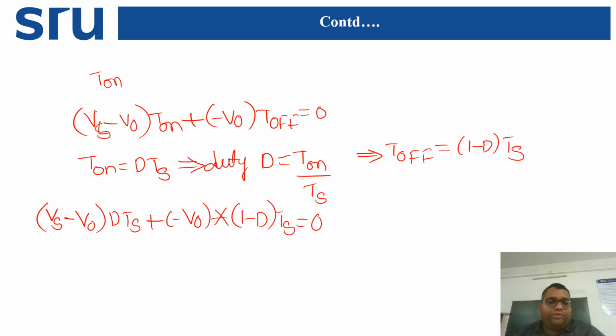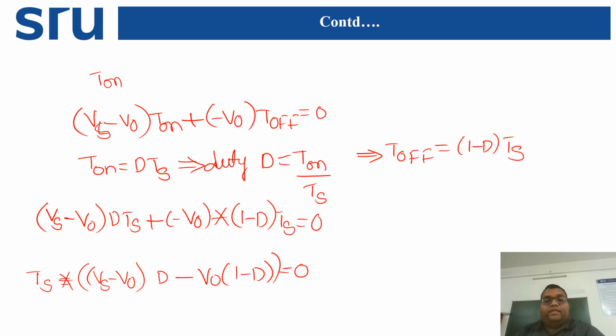Now, Ts will be the common, so we take Ts as a common factor. Then Vs minus V naught times D minus V naught times 1 minus D is equal to 0. Then finally, what is the formula here?